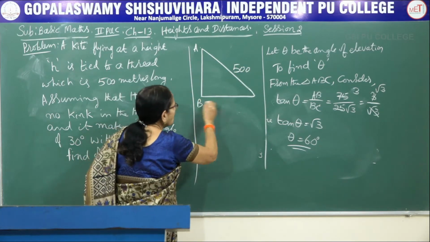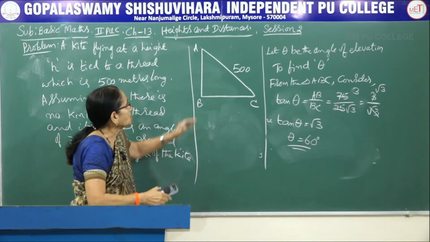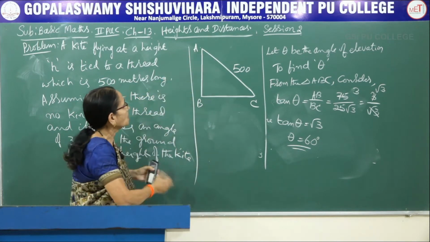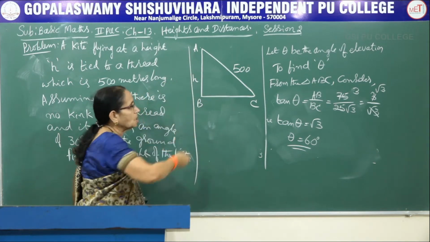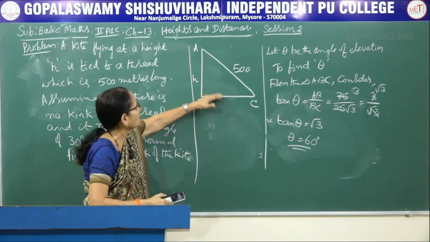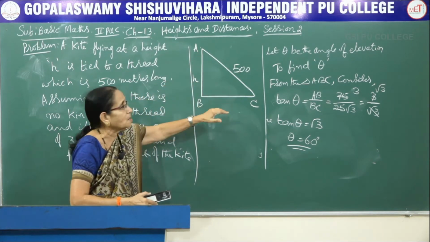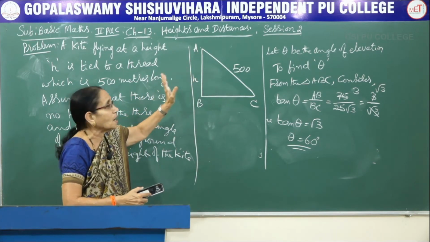So let me take this as A, B, C. Now A is the position of the kite and it is flying at a height of h units. This is the ground level, this is the position of the kite, and this AC is the thread to which the kite is tied.